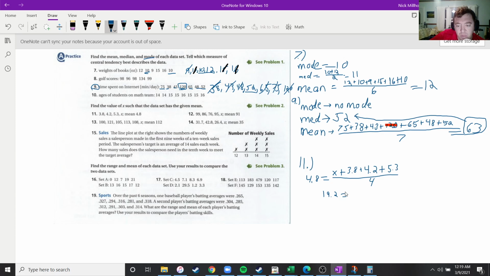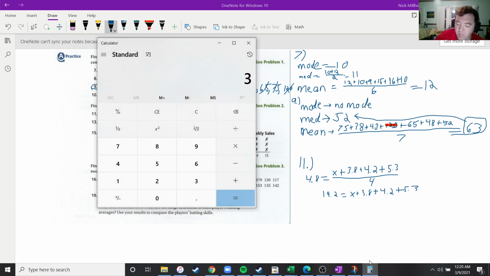So 19.2 is going to equal x plus 3.8 plus 4.2 plus 5.3. Add all those up. You can either subtract them each individually or add them up.